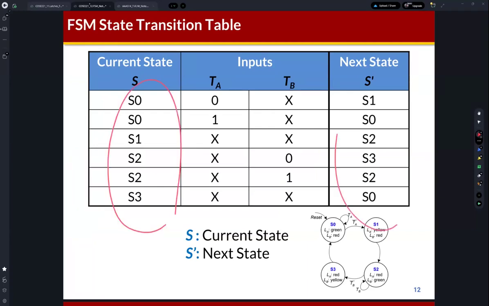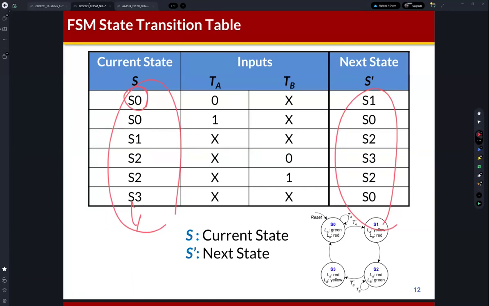But in the state transition table, we can find some text characters, right? But we need to design digital systems. So these states, we define the current states from S0 to S3: S0, S1, S2, S3.